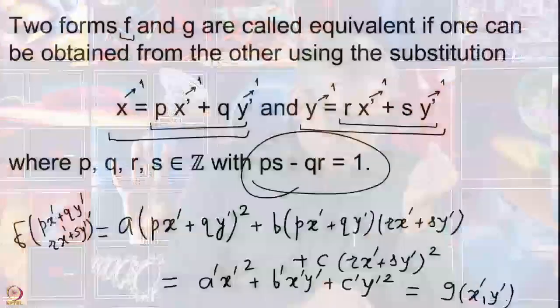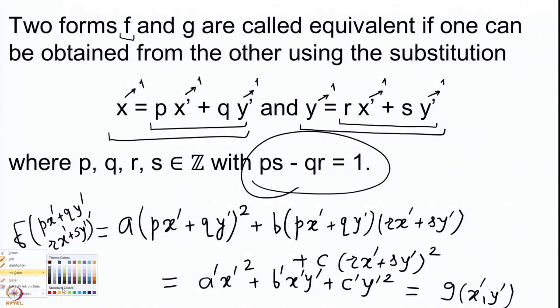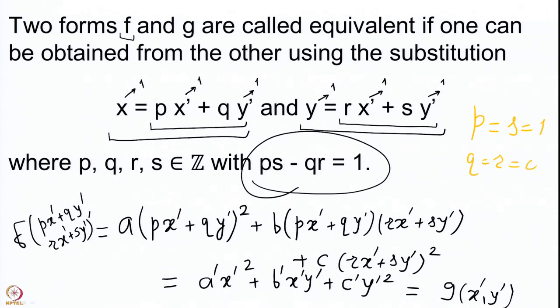So, if you take p equal to s equal to 1, q equal to r equal to 0, you are going to get p s minus q r to be 1 and you are going to get x equal to x prime, y equal to y prime. So, the form f is equivalent to itself. If the form f is equivalent to g, then g is equivalent to f, that is a slightly non-trivial thing. We will see that in a moment.